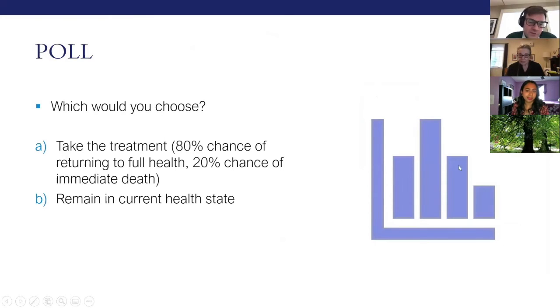So we could open the poll now. So in choice A, you're thinking of that health state of rheumatoid arthritis we described, and whether you would take the treatment, which comes with the gamble, or remain in your current health state. There's no right or wrong answer.